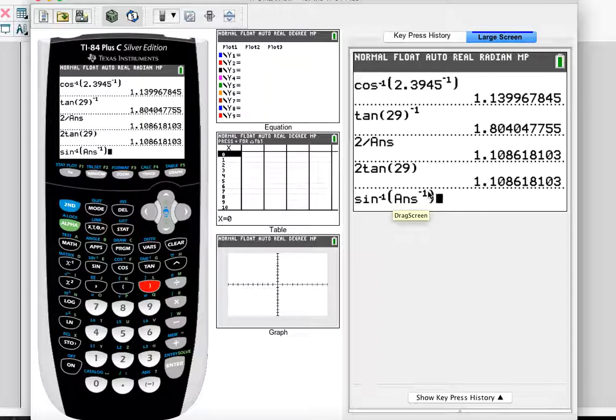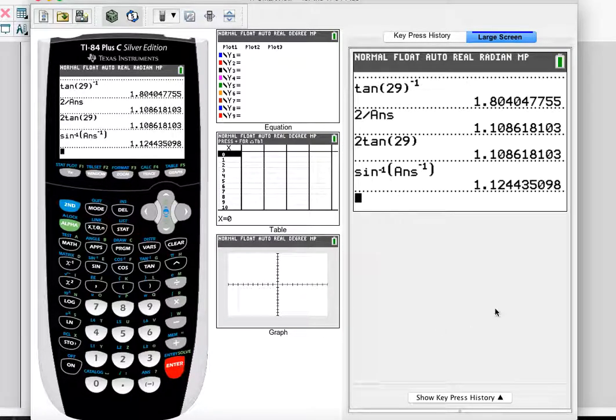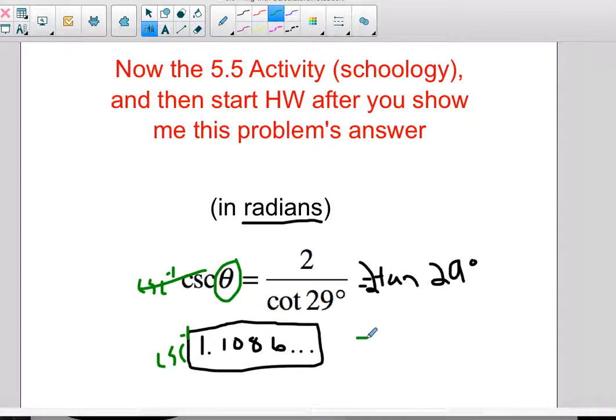So this -1 means I'm trying to find the angle, the inverse. So when I do that, I'm in radian mode. I get 1.12. So approximately 1.12 radians. Right, so pretty much at 1.12 radians, I have an angle whose cosecant value is 1.1086, and that's what the question is basically asking.